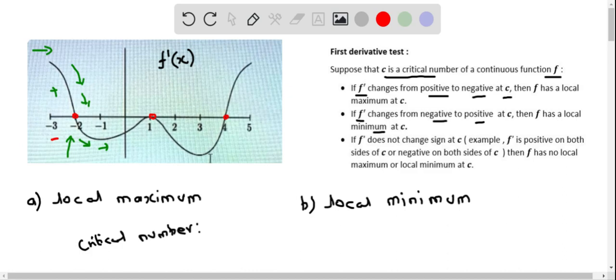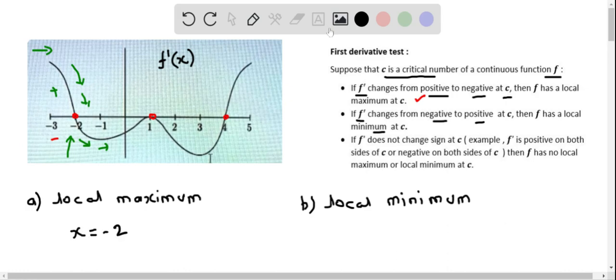According to the first derivative test, if the derivative changes from positive to negative, then there is a local maximum at c. So at x equal to negative 2, it has a local maximum.